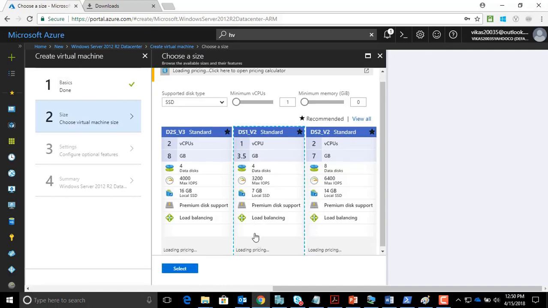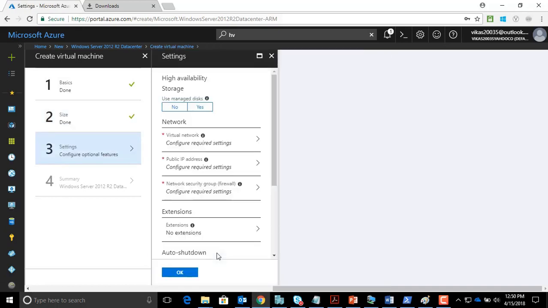One CPU, 3.5 GB standard virtual machine.